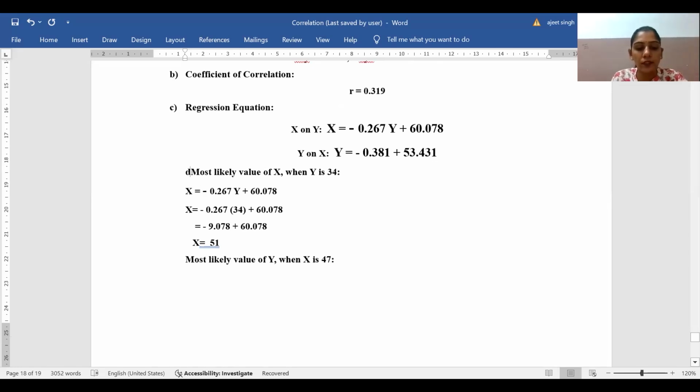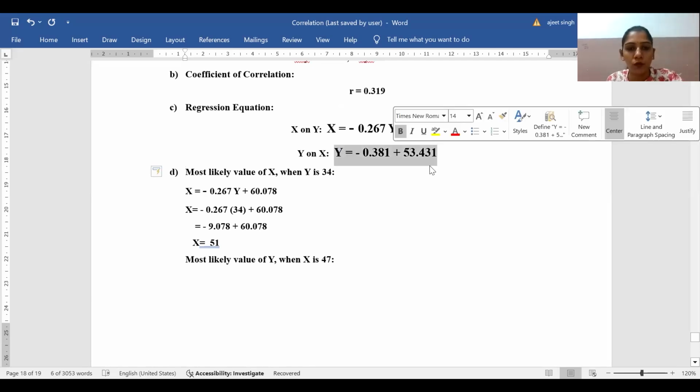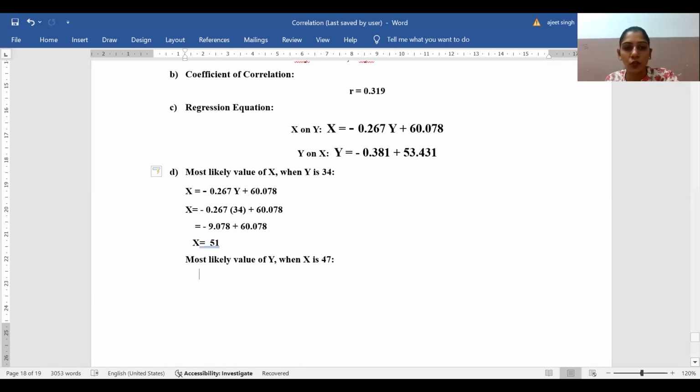We can write this as part D. In this we will find the value of y with the help of the equation of y, which is y is equal to minus 0.381x plus 53.431.